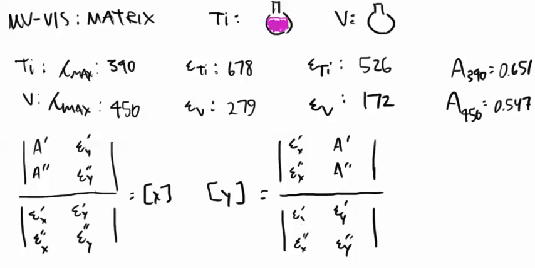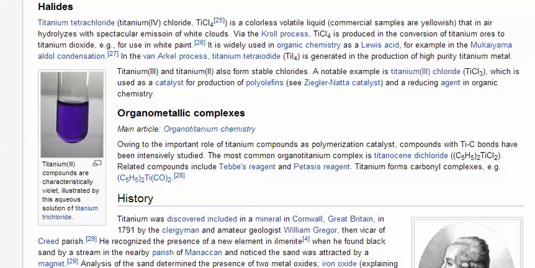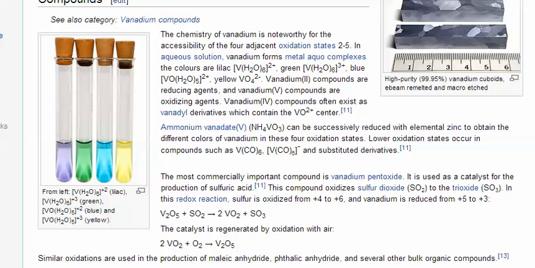So what does vanadium look like? Well, vanadium is one of these very nice transition metals that we don't speak of that often, but these are the different colors that vanadium can come in. Depending on the valence state, the charge at the top, we can get anything from a lilac color to a beautiful emerald green to a sky blue to a yellow.